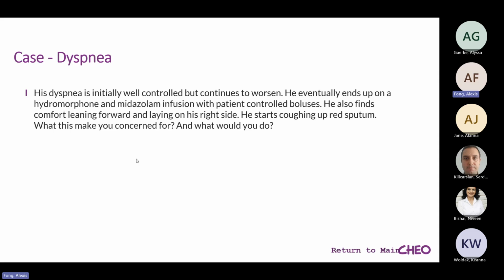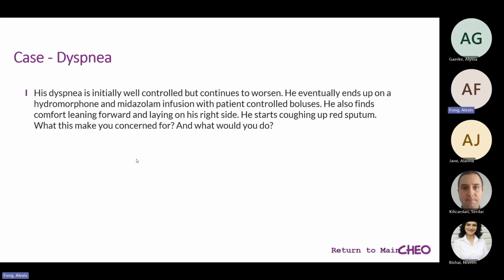What might this make you concerned for, and what would you do? We didn't talk about this during the lecture. Skill testing question. Yeah, I'd be worried about blood. Does anyone know what we might do for someone who is having blood in their sputum at end of life?